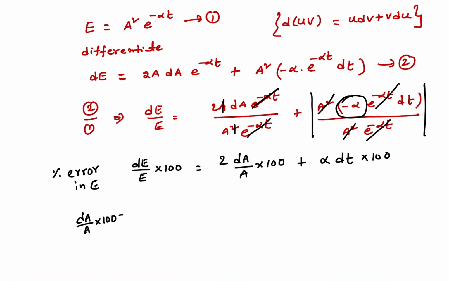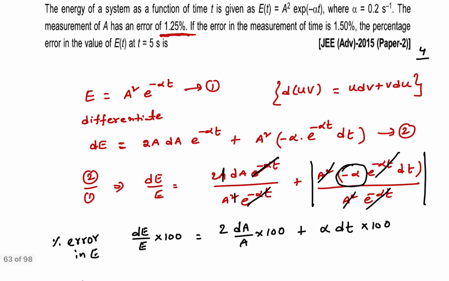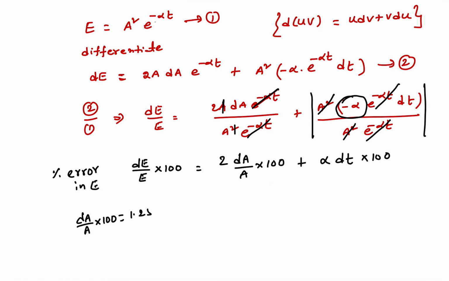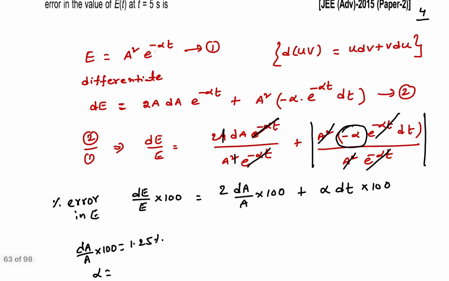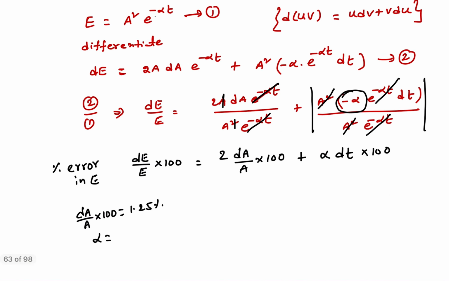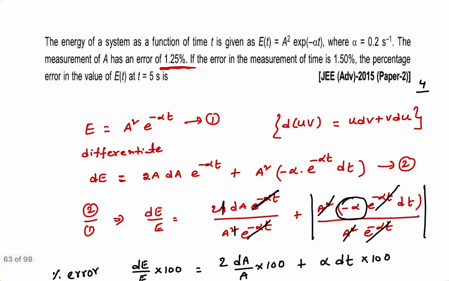Now if you see the values, dA/A into 100 is given as 1.25 percentage. Similarly, the α value is given in the question, 0.2 per second.